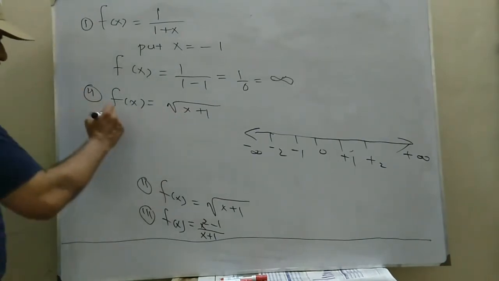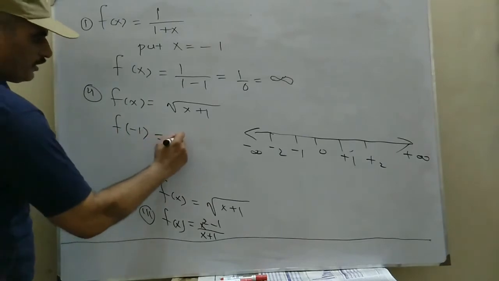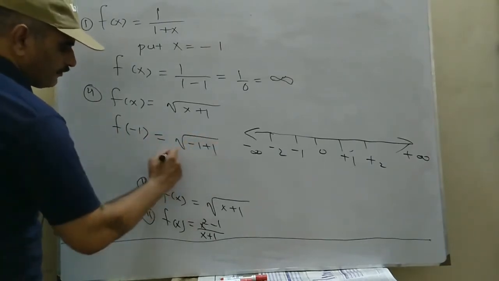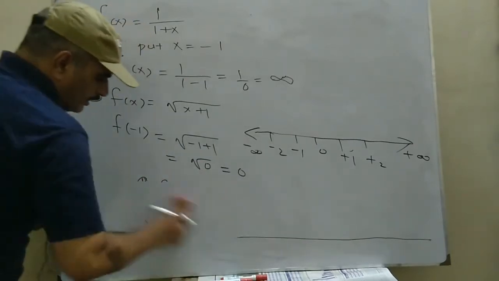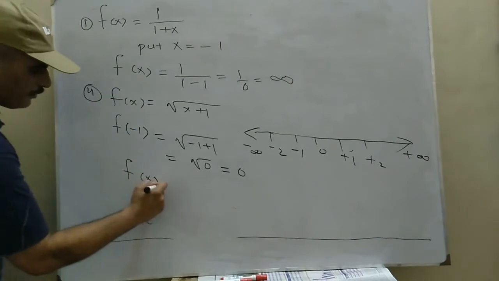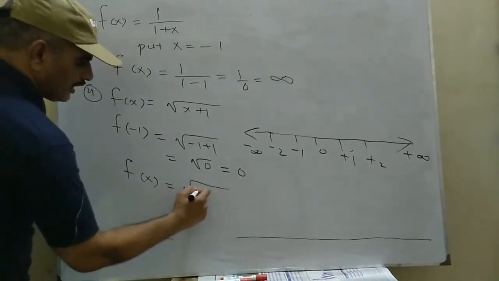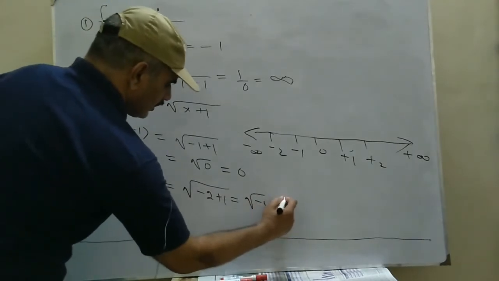For example, if I put here minus 1, the result will be 0, acceptable, no problem. But if I put here minus 2, the result will be under root of minus 1, and that is iota.